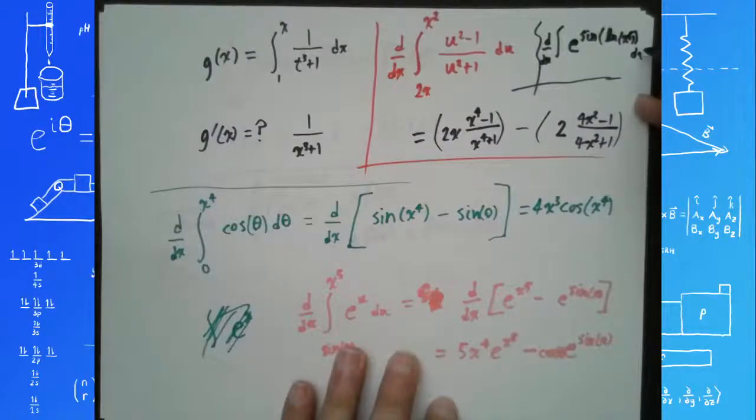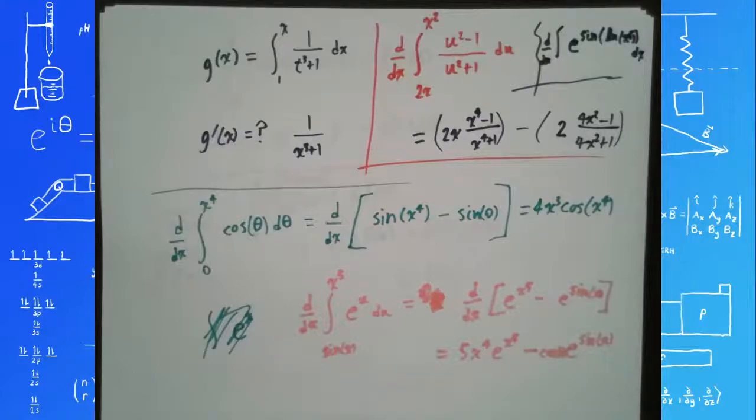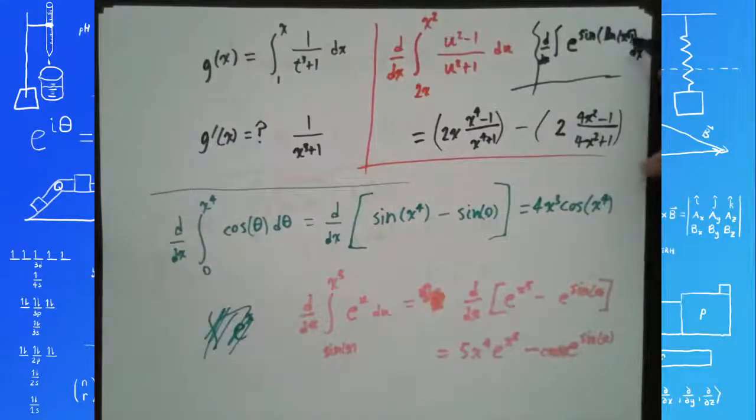Let's say, oh, wait, not dx. Oh, well. Yeah, let's say that's u to the fifth, and let's say that's du.